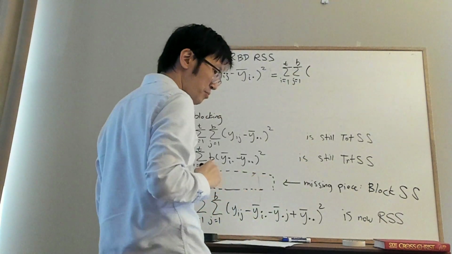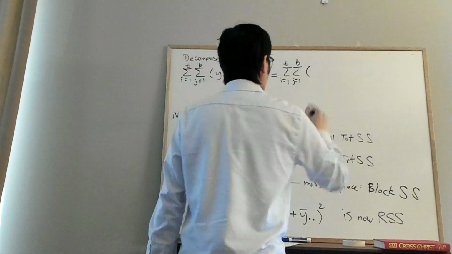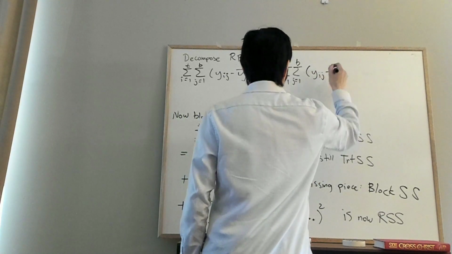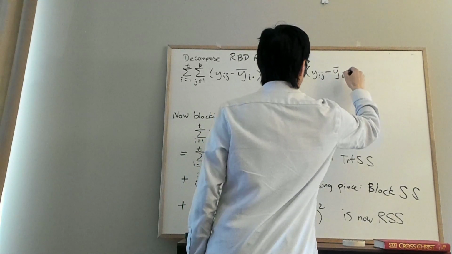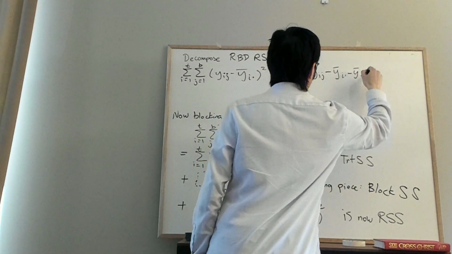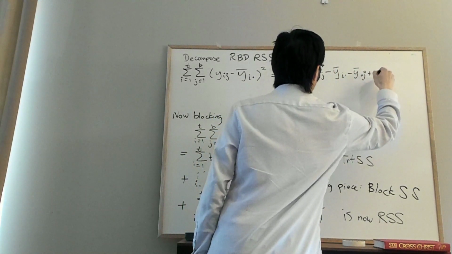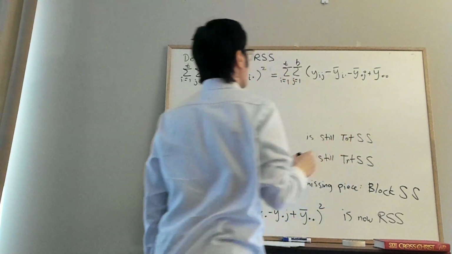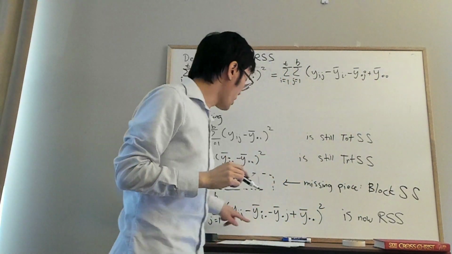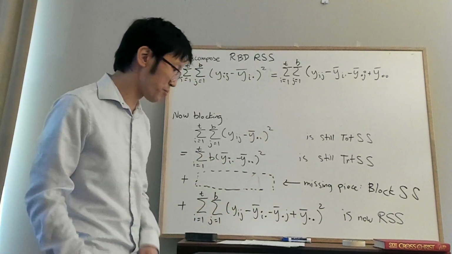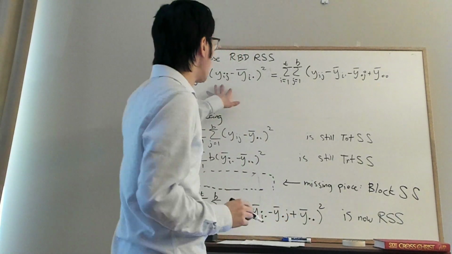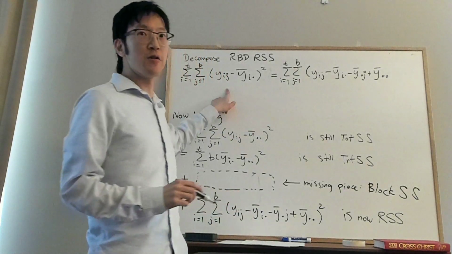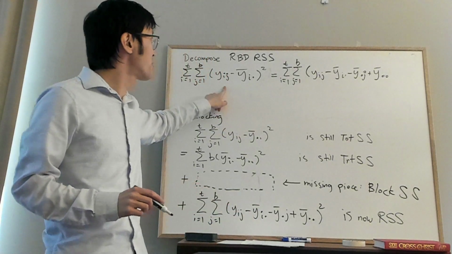Okay, so I need a piece here, so it's y_ij minus y treatment mean minus block mean plus the overall mean. Okay, so I'm going to need this so that when I square, I get this term here. Okay, and so what do I need to add back such that this part balances out what we have on the left-hand side?